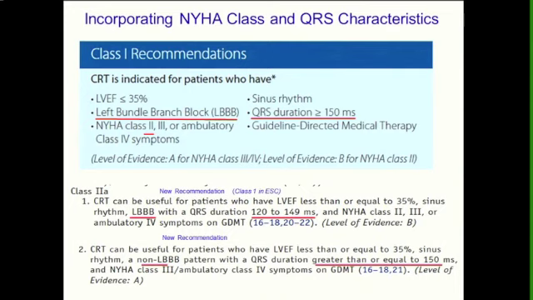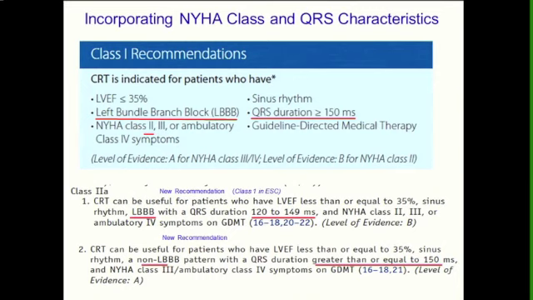So class 1 recommendations now: ejection fraction less than 35%, sinus rhythm as before, left bundle branch block, not just a wide QRS, left bundle branch block, duration of more than 150 milliseconds. Also now inclusive of class 2 heart failure, reflecting the large trials that have been published recently. Class 2A recommendation for left bundle and QRS of 120 to 149. As I mentioned, some of these data are not very clear yet.